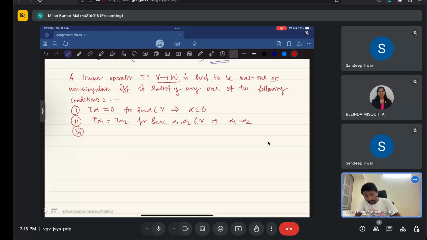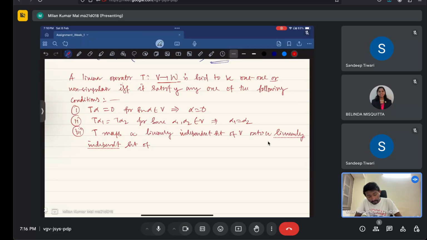And the third condition is that T maps any linearly independent set of V to a linearly independent set of W.